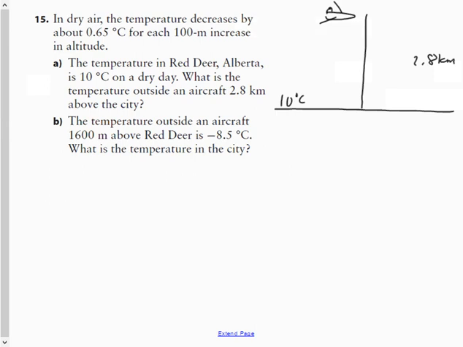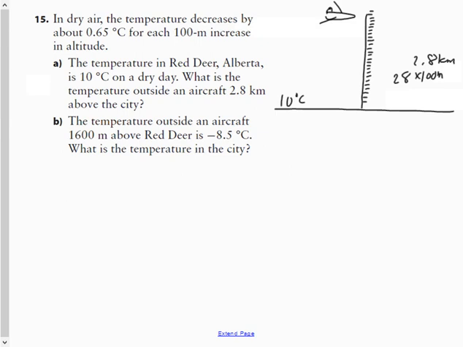For every 100 meter increase, it decreases by 0.65. So I want to know how many 100 meter increments are there in 2.8 kilometers? Well, a kilometer is 1,000 meters, so 1 kilometer would have 10 100 meter increases, 2 kilometers would have 20, and 2.8 kilometers would have 28 100 meter increases, right?